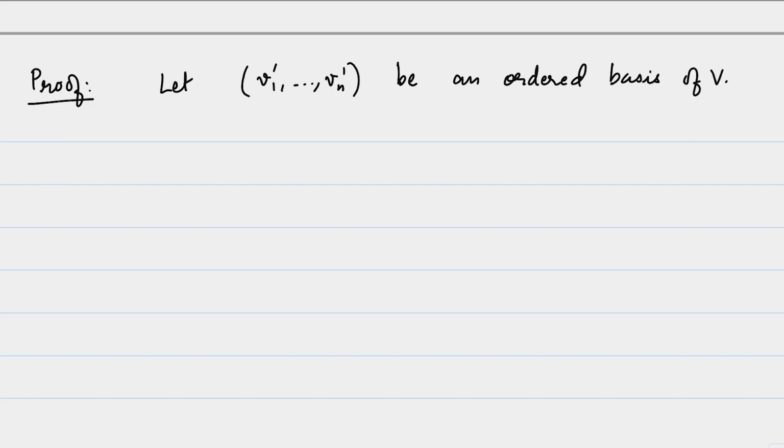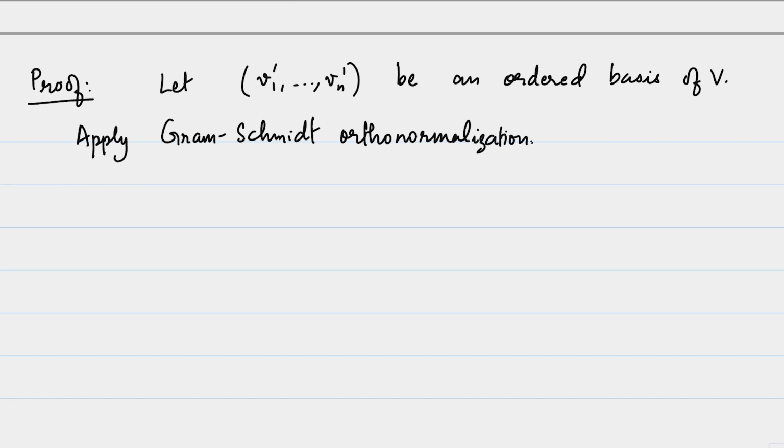So V is an inner product space. Let V1' to Vn' be an ordered basis of V. It's finite dimensional, so let n be the dimension of capital V. We apply Gram-Schmidt orthonormalization to this to obtain an orthonormal basis V1 to Vn.